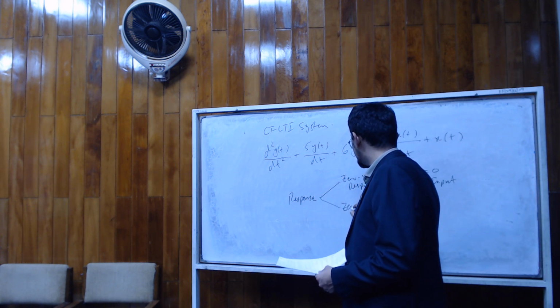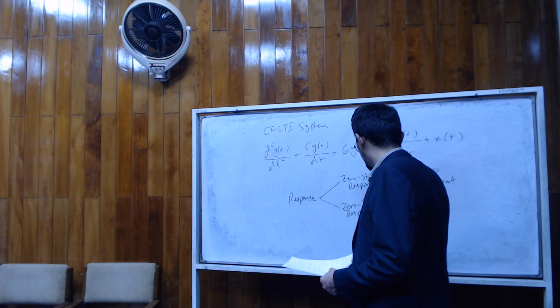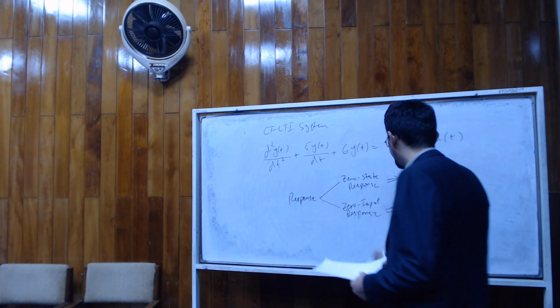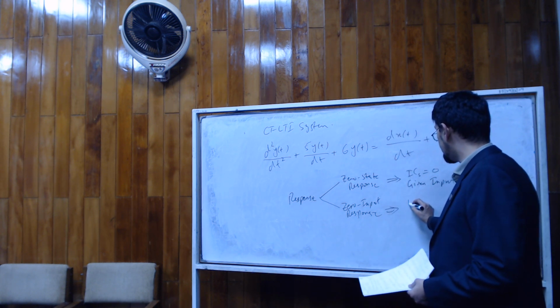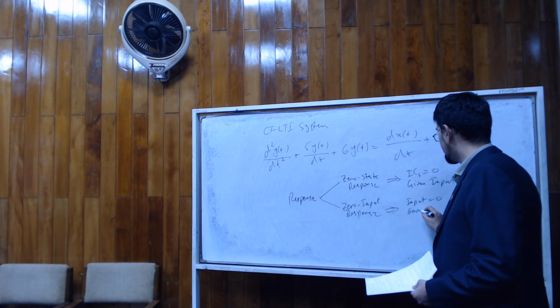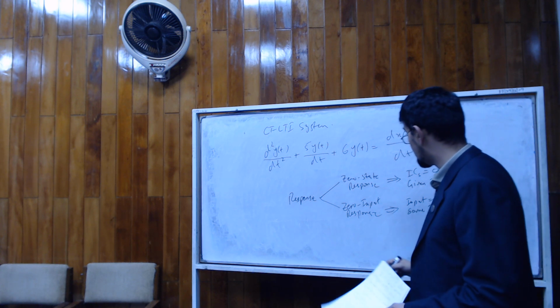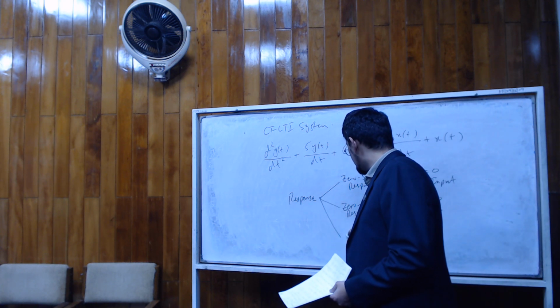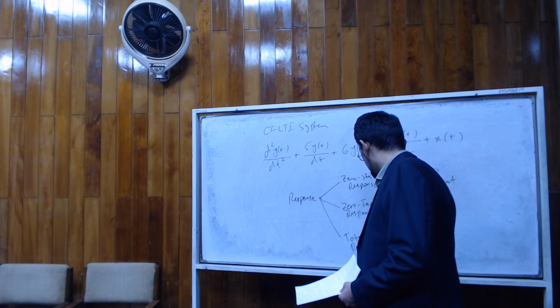Then there is the zero input response, which is when the system has input 0 and some initial conditions. It's driven by the initial conditions. Lastly, the total response of a system. You remember what that was?